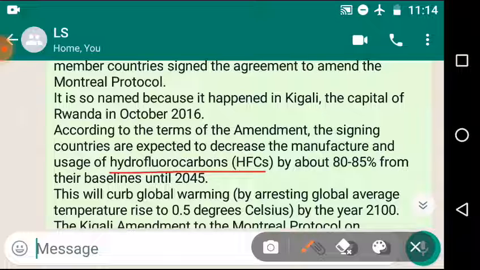So by minimizing the use of hydrofluorocarbon, it will curb global warming by arresting the global average temperature rise by 0.5 degrees Celsius by the year 2100.